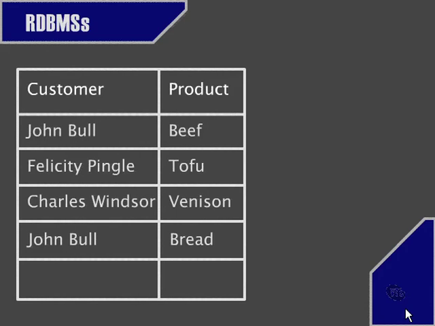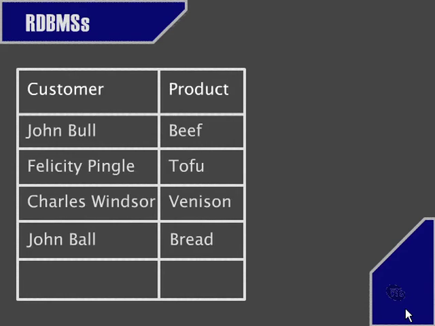The main problem is that it allows all kinds of errors to completely screw up our data. For instance, if when John Bull enters the shop, a new person is working behind the counter, they might not know John Bull. They might have to ask him for his name. They might mishear it, and instead of John Bull, they hear John Ball.